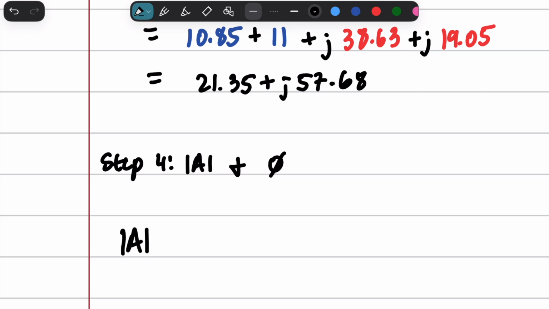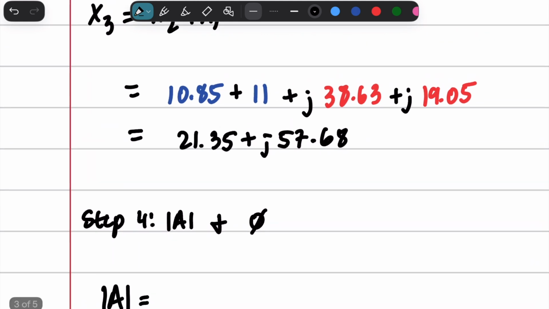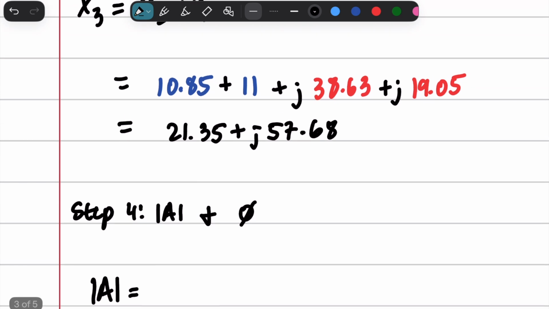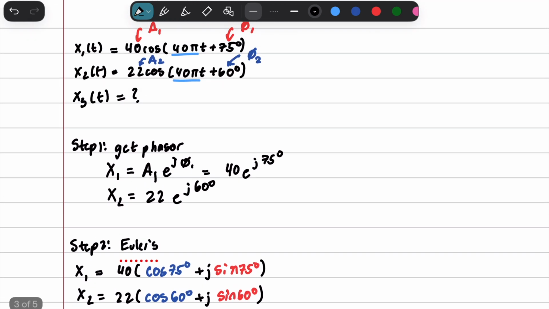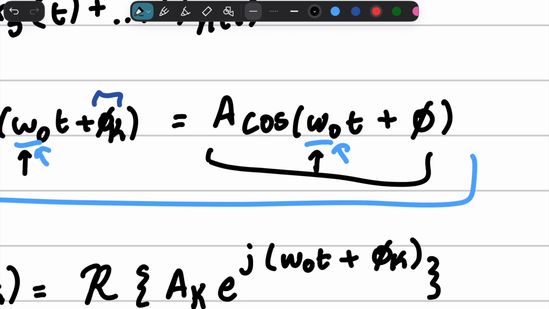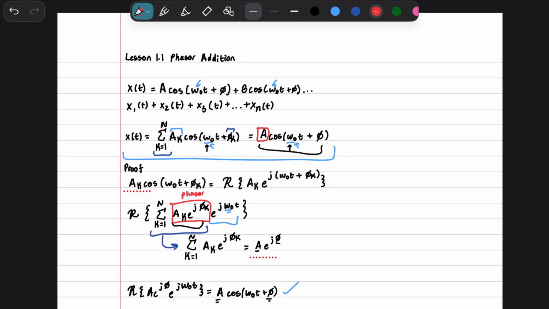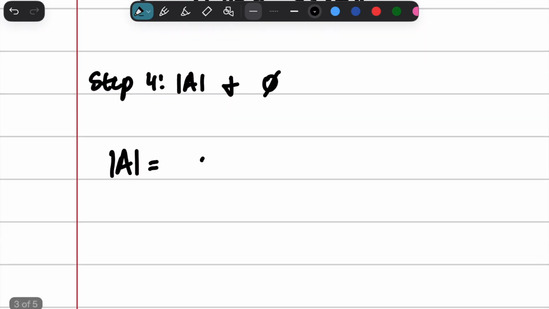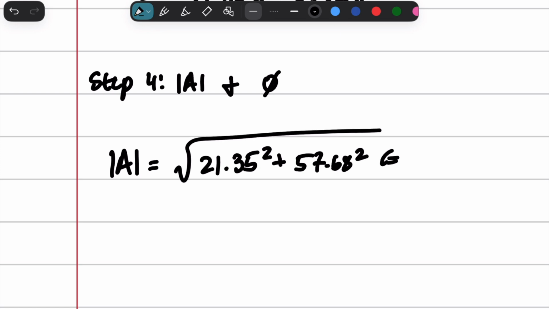The amplitude is just the magnitude of this complex number, because it represents this A right here. So we take the square root of 21.35 squared plus 57.68 squared, and that's about 61.51.